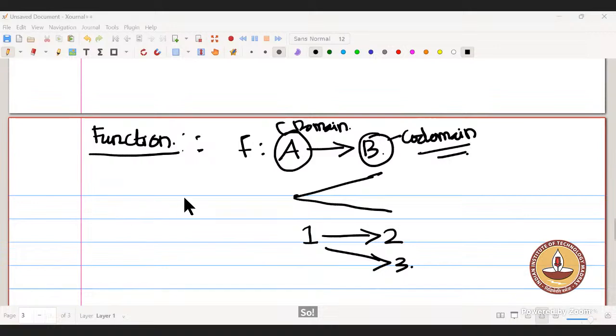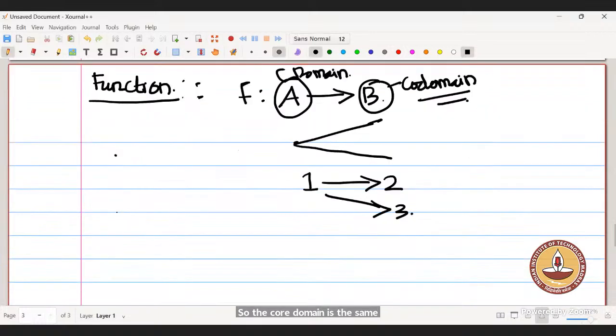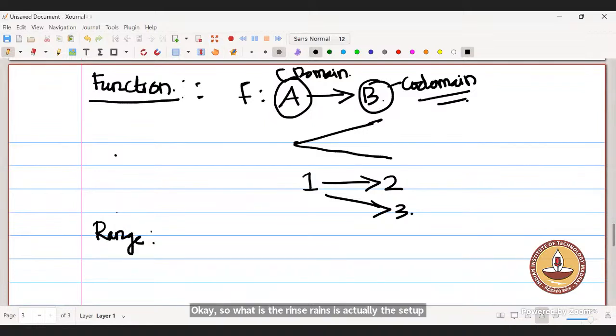The codomain is the set of all possible outcomes of the function, whereas you have the range. What is the range? The range is the set of all actual outputs of the function, right? This is precisely the elements that come in the output of the function.